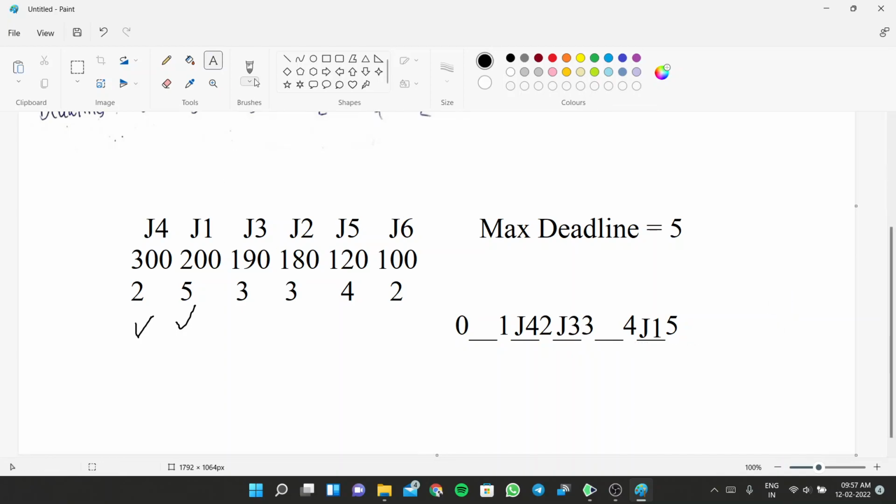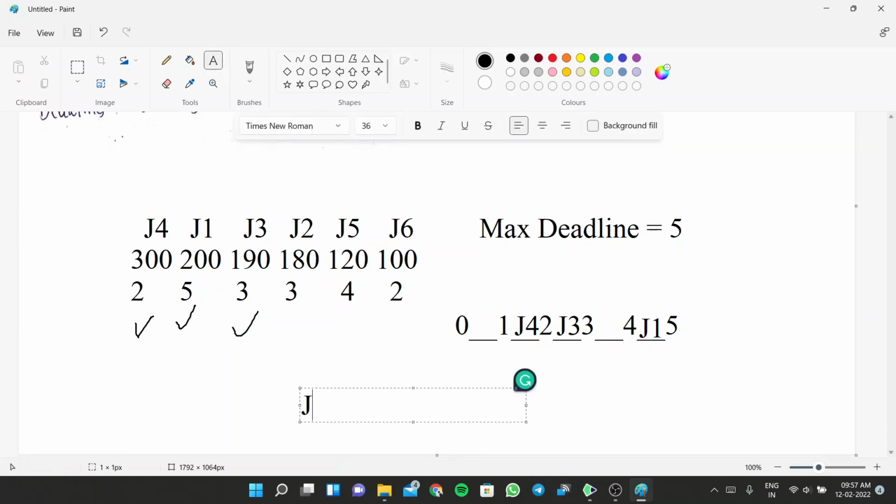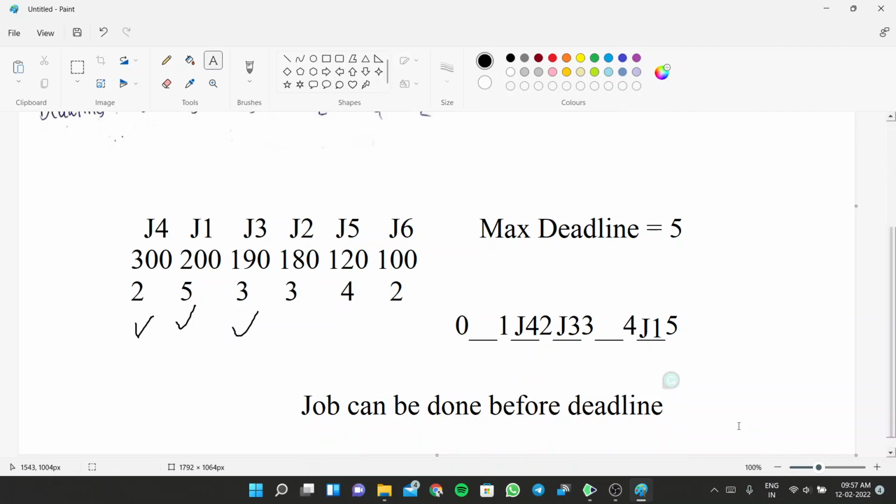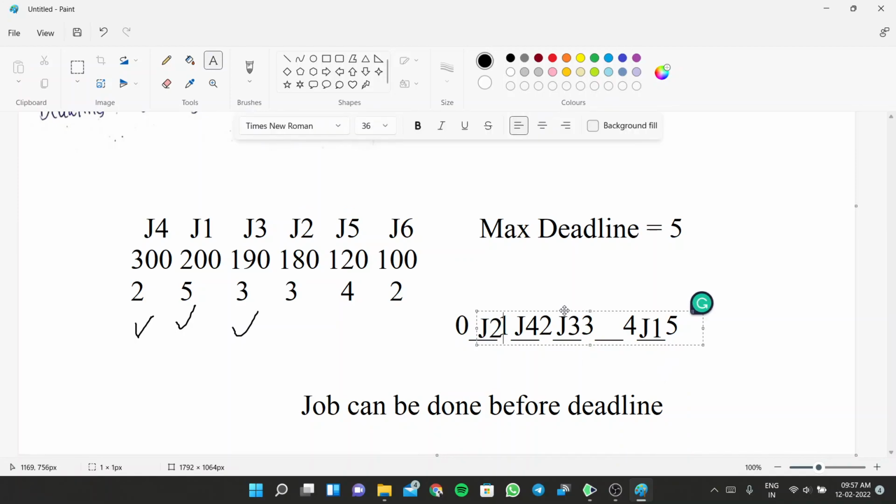Then again we have a job 2 which gives a profit of 180. But here we need to remember one thing: a job can be done before its deadline. So a job can be done before the deadline. Here we have a deadline of 3, but I can complete the work in slot 1, because the first slot is free.